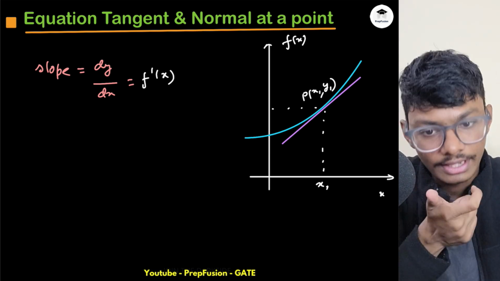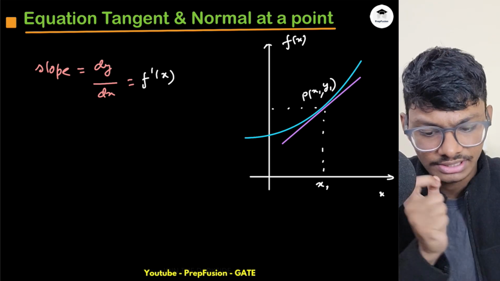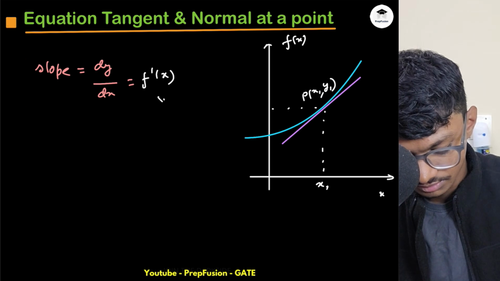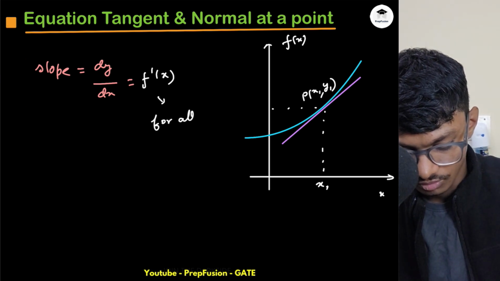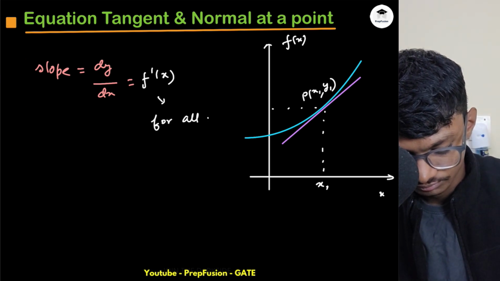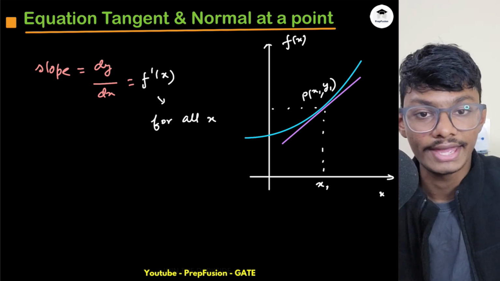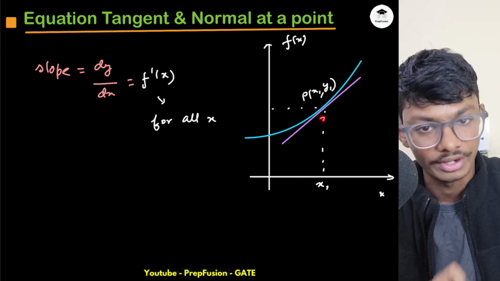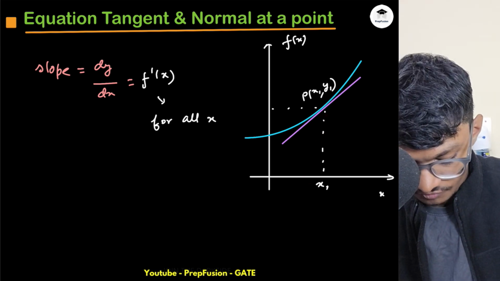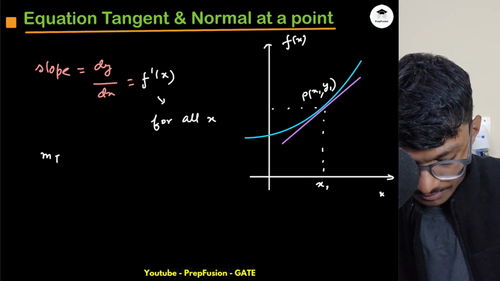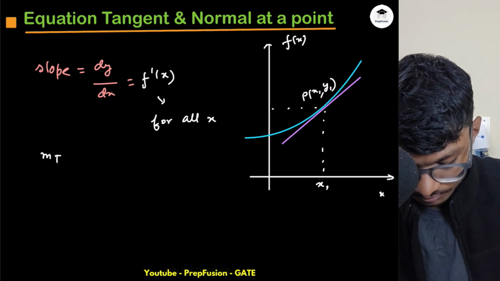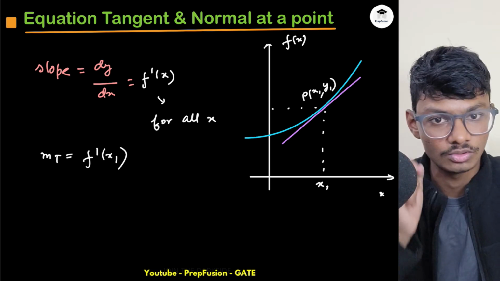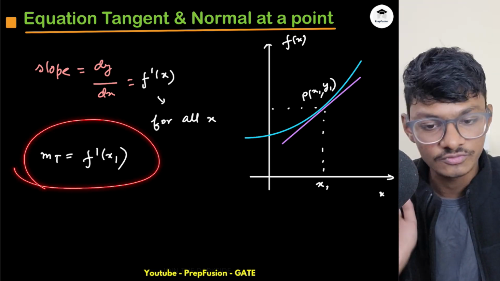This is valid for all x. Now if my x is equal to x1, what is the value of my slope exactly at this point? The value of my slope exactly at this point, mt, equals f dash of x1. I'm just putting x equals x1.